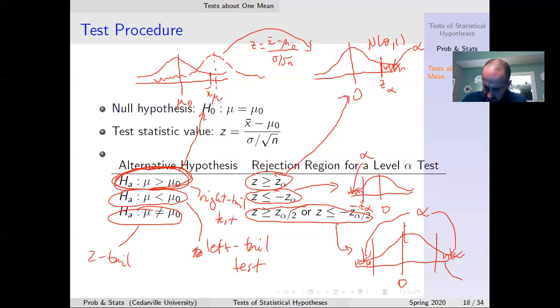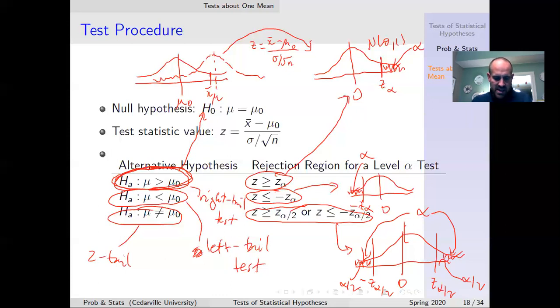So how much is going to be over here? Well, alpha over 2 and alpha over 2. So this number here is z alpha over 2, and this guy is negative z alpha over 2. By definition, those z sub whatevers are just the numbers that have that percentage above it. We've seen that before.